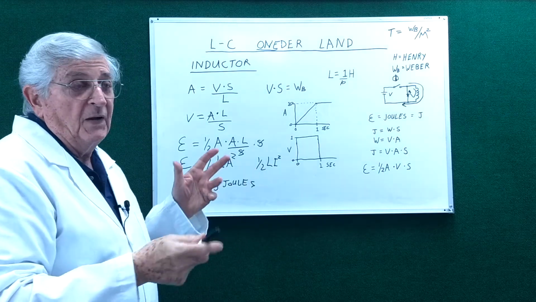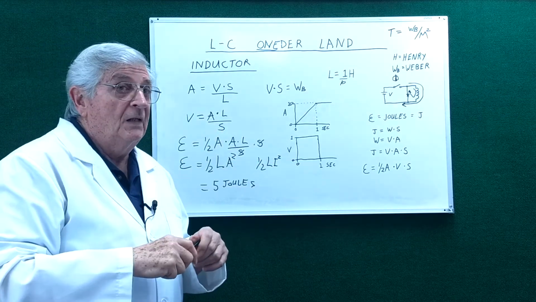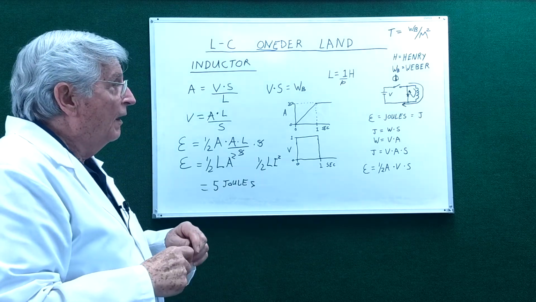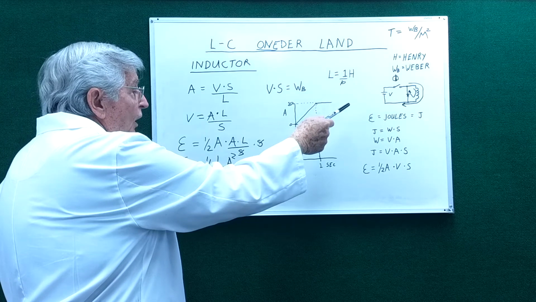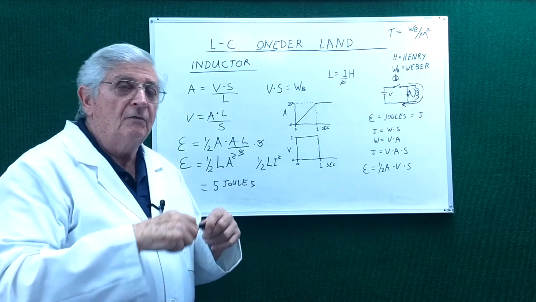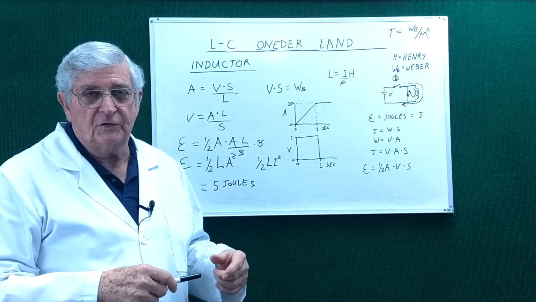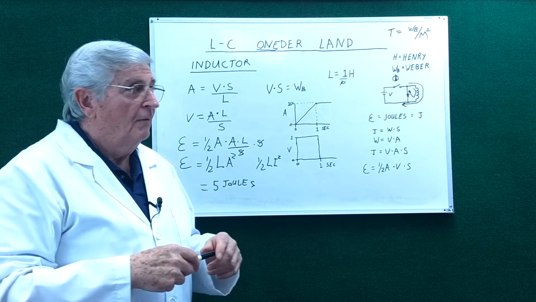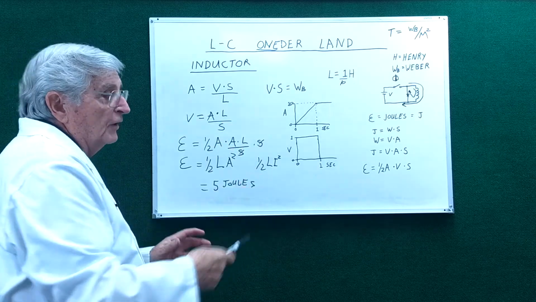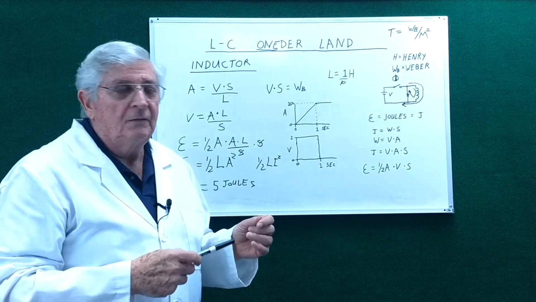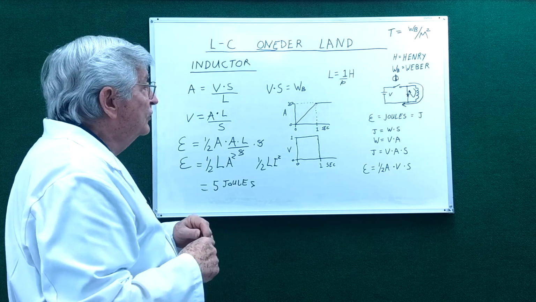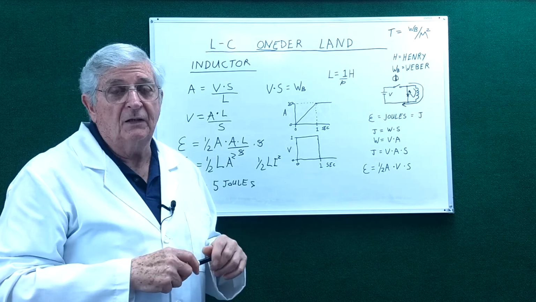In a capacitor, the energy is not in the charge. It's a function of, in this case, flux and current, and in a capacitor, the charge and the voltage. So I hope this oversimplification makes it more understandable than just using all the typical mathematical symbols.